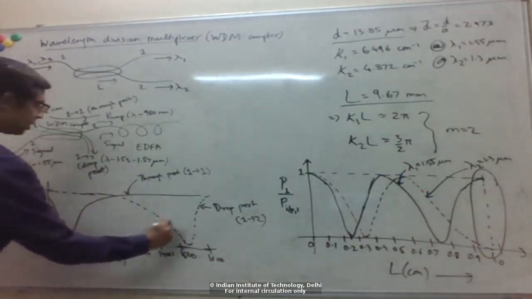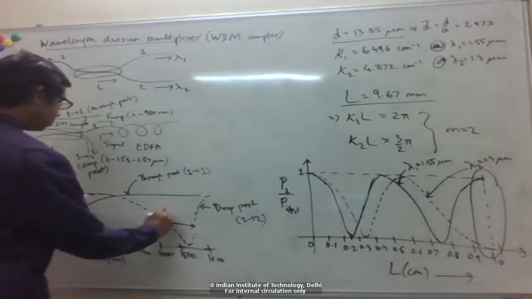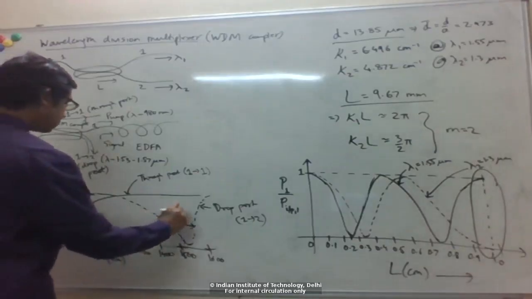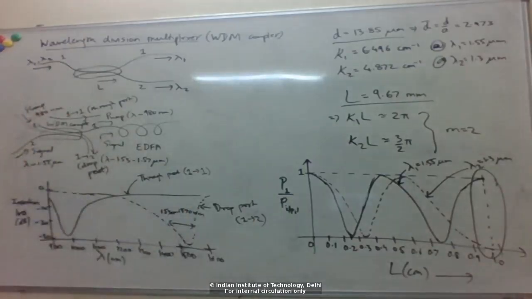Okay, so the bandwidth here could be like 30-40 nanometers. So that, right, I can use the same coupler for different signal wavelengths that I want to amplify.